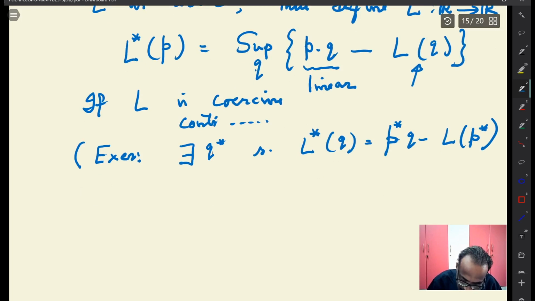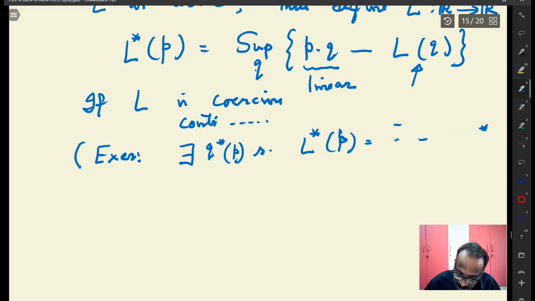Given P, there exists Q star of P, and your L star of P is here. You have to use P here, and then you have a Q here. So L star of P is equal to P dot Q star, which depends on P, minus L of Q star.